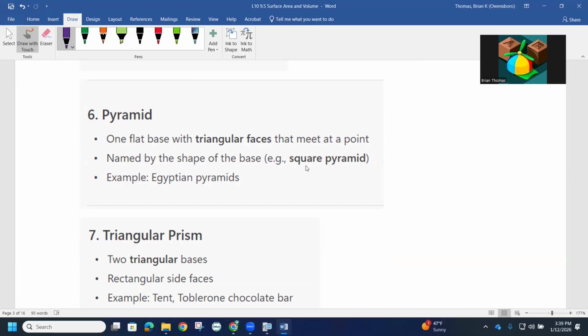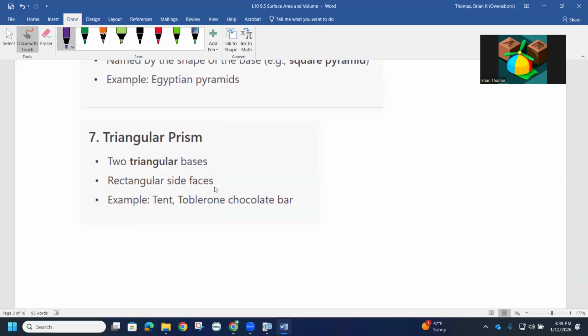Most commonly, we deal with what's called a square pyramid, like the Egyptians built, because the base is square, so it's going to have four triangular faces. A triangular prism has two triangular bases and then a bunch of rectangular side faces, like a tent or some type of chocolate bar.